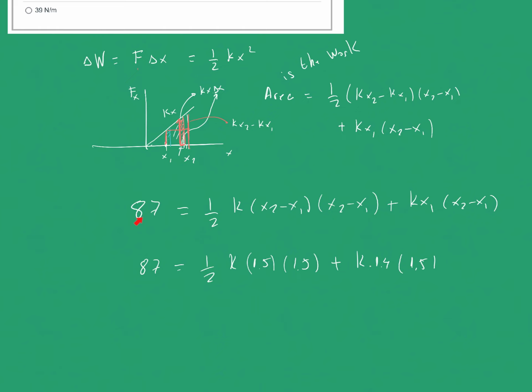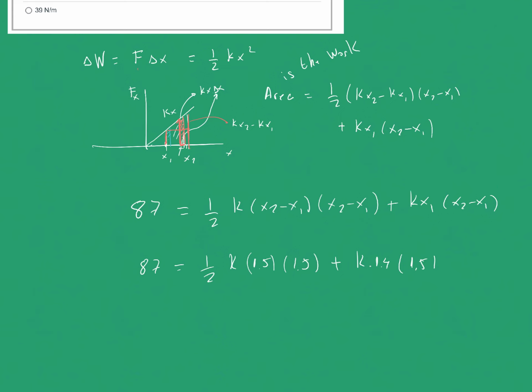So the 87 joules of work is the area that is here, all this area. So it's force by displacement, the sum of all these stripes of force by displacement is the total area. So it would be 1/2 k times x2 minus x1 multiplied by x2 minus x1. This is the area of the triangle. And this one is the area of the rectangle.